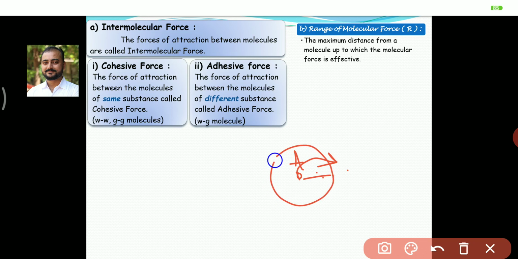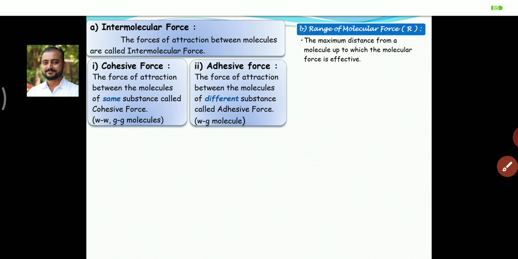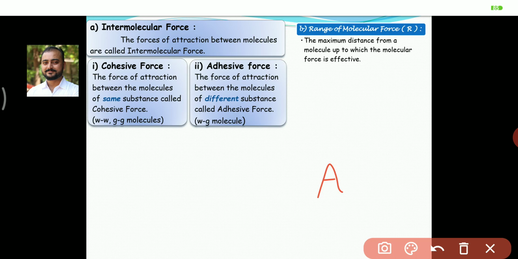Beyond this distance, in all possible directions, it is three-dimensional. It is not a circle, it is a spherical body, meaning along every direction, up to this particular distance, say x, or you may call it r, this molecule A can exert the force of attraction on neighboring molecules.